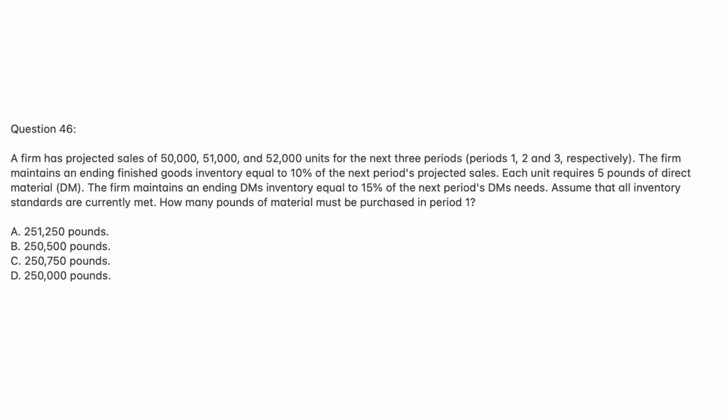The firm maintains an ending finished goods inventory equal to 10% of the next period's projected sales. Each unit requires 5 pounds of direct material, DM. The firm maintains an ending DM inventory equal to 15% of the next period's DM needs. Assume that all inventory standards are currently met. How many pounds of material must be purchased in period 1? A.